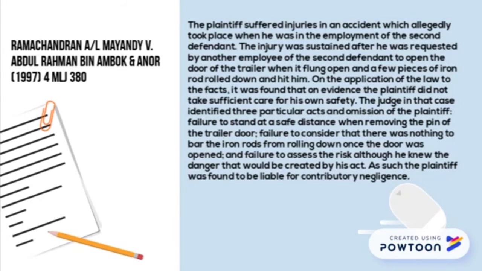The second scenario involves Mr. Ramachandran, which basically explains that the plaintiff suffered injuries in an accident which allegedly took place when he was in the employment of the second defendant.